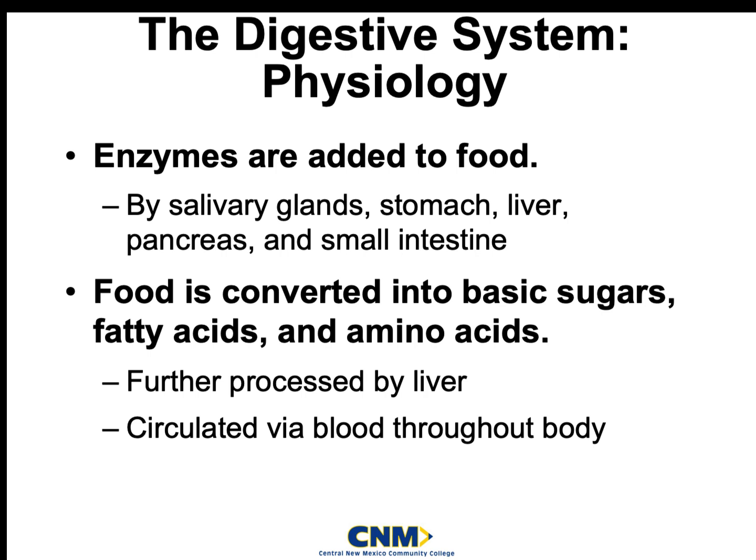All the body wants is basic sugars, fatty acids, and amino acids. Everything else is processed into the large intestine, which really acts as a sponge, right? It soaks up all that water, and it creates poop. It takes all that nasty food your body doesn't want, or all those nasty preservatives or whatever else you guys are eating, and turns it into a hard substance, and then you poop it out.